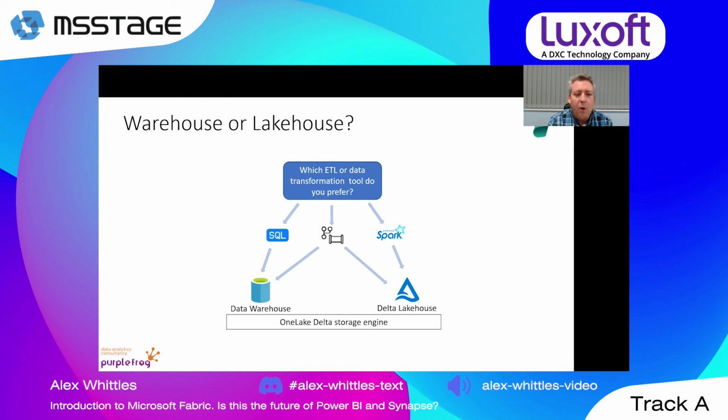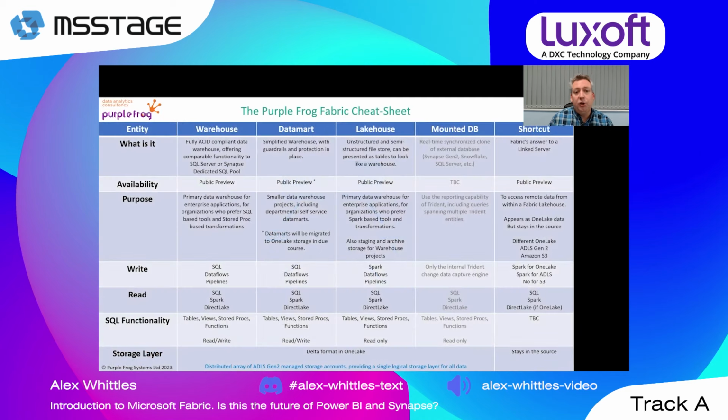So the choice between a warehouse and a lakehouse isn't quite as simple as just those two options. There are more as well. And this is a cheat sheet that we've put together that gives you a high-level overview or a kind of comparison against what the primary purpose is of all of these different features.